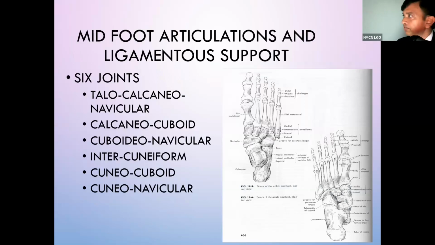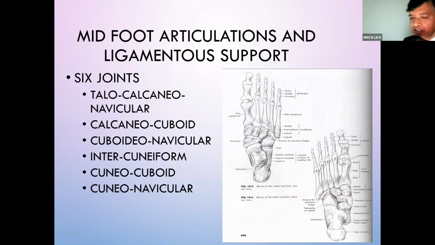So the midfoot has 6 joints, including the talocalcaneonavicular. If you see this calcaneum bone, then talus and navicular, this is one joint. Then calcaneocuboid, this is the cuboid.